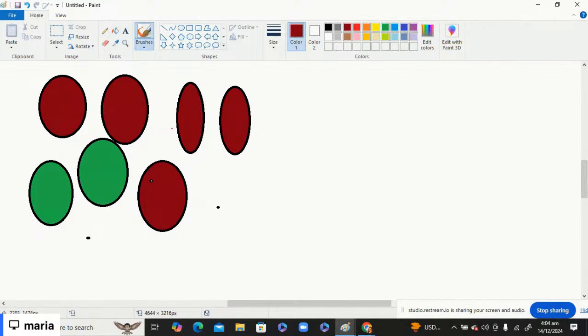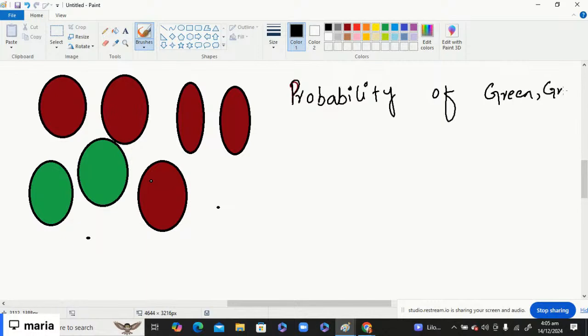Okay, so we are going to find out the probability of green and green. So it means that we are going to find P of green and P of green.